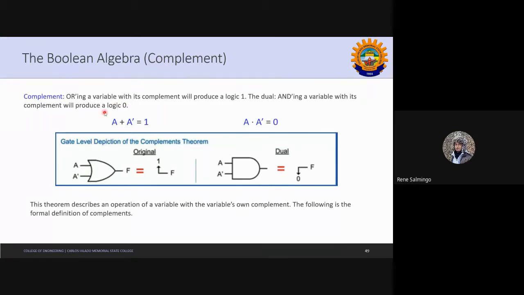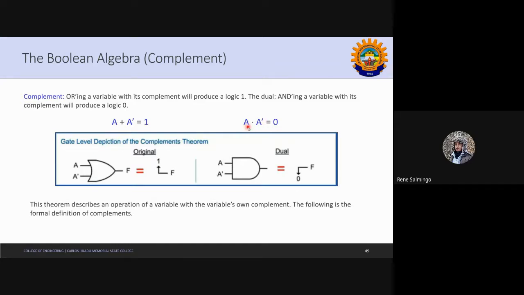This describes the operation of a variable with the variable's own complement, and this defines the complement of 1 as 0. That's why you have 0 in AND and 1 in OR. It's like saying, if this is 1, then its complement is not 1, so it becomes 0.